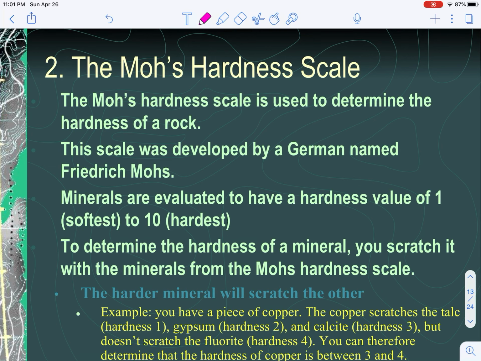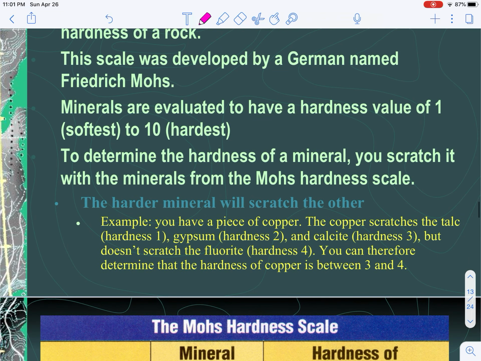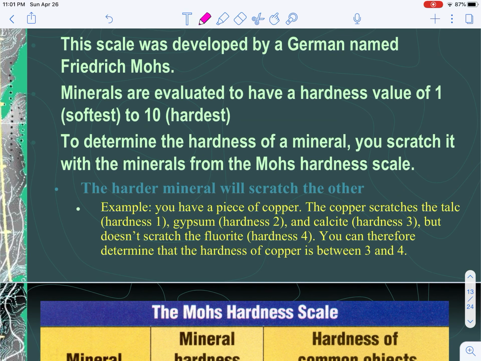The second one, the Mohs hardness scale, which was developed by Friedrich Mohs, gives a hardness scale of 1, which is really soft, to 10 being the very hardest, like diamond is the hardest. So we use certain objects to scratch the sample.